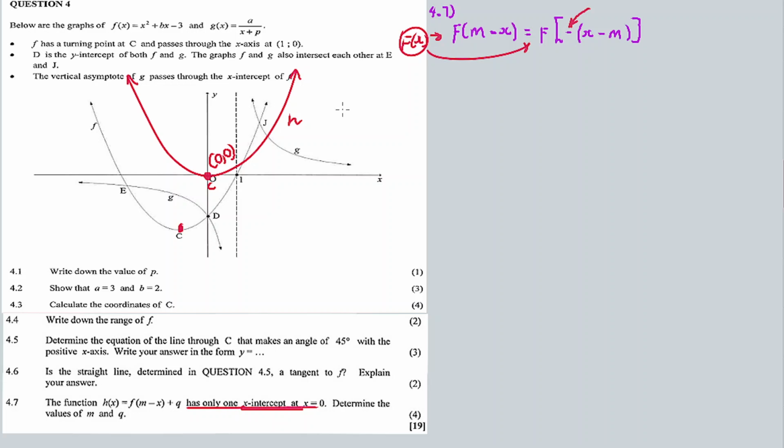This negative sign tells us that the function f was reflected about the y-axis, and then the minus m tells us that after reflection, it is shifted. Wait, it is negative.